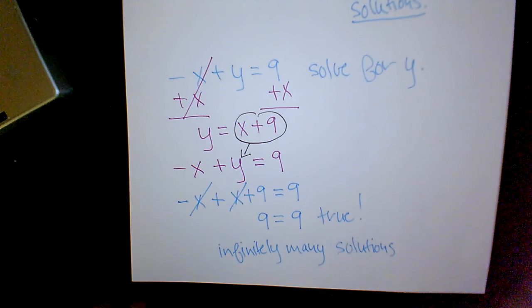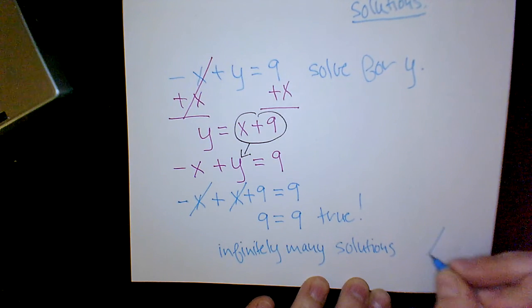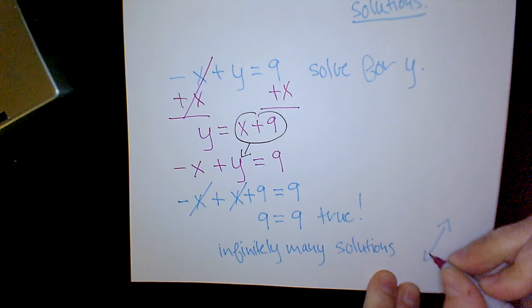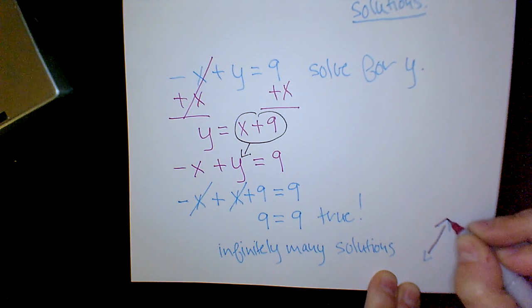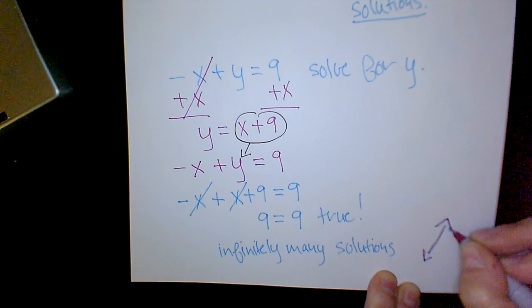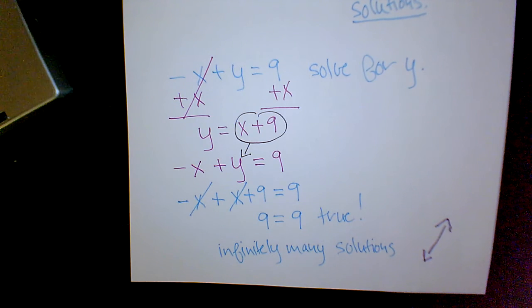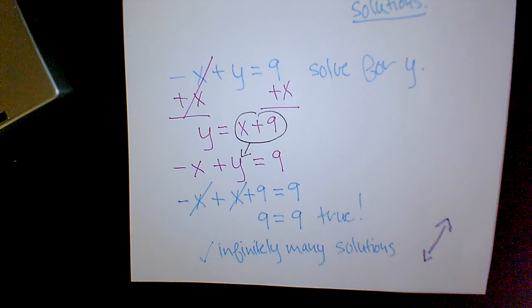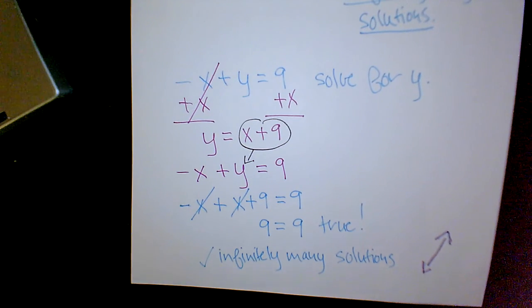Which means the lines meet up everywhere. It's like one line laying on top of another line, and they meet up everywhere. They have infinitely many points in common. So you would check infinitely many solutions.